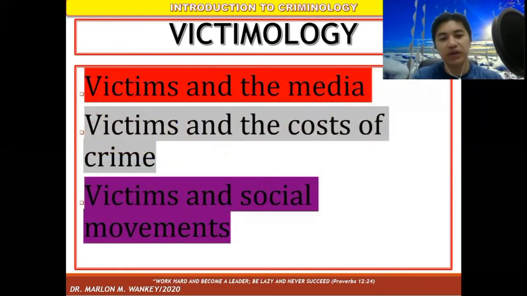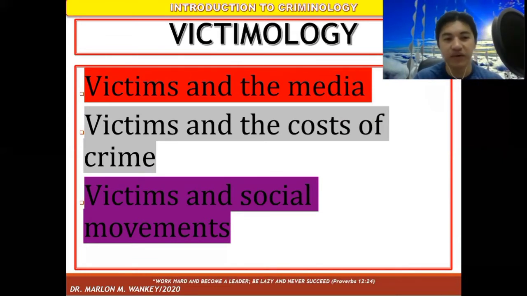And then also victimology shows the relationships between victims and the media. The media may also help the victim, assist the victim, and inform the immediate kin of the family of the victim about the status of the victim and the victim in the course of the crime.